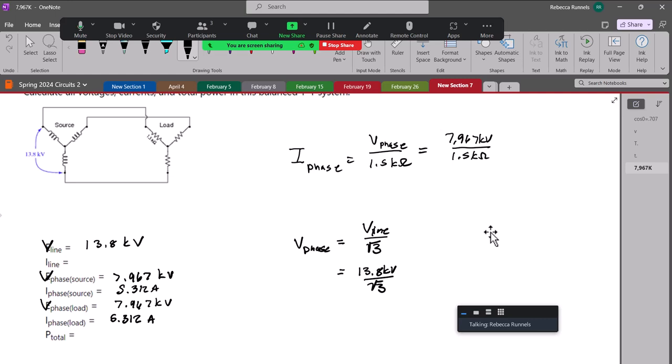And because it is a Y network, our line current should be the same as the phase current. So 5.312 amps for the line. And then our power, looks like, did I complete that?